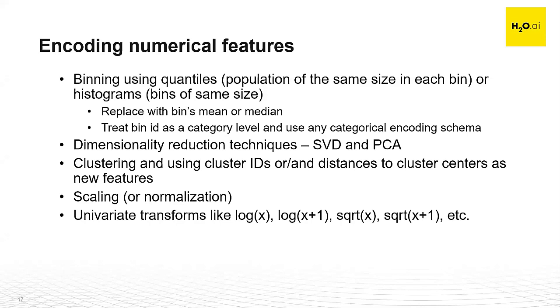You can also apply clustering. You can create features from cluster IDs or distances from certain clusters. You can do scaling or normalization, or you can use some univariate transformations. So instead of using the feature as is, you can take, for example, the natural logarithm of a feature.